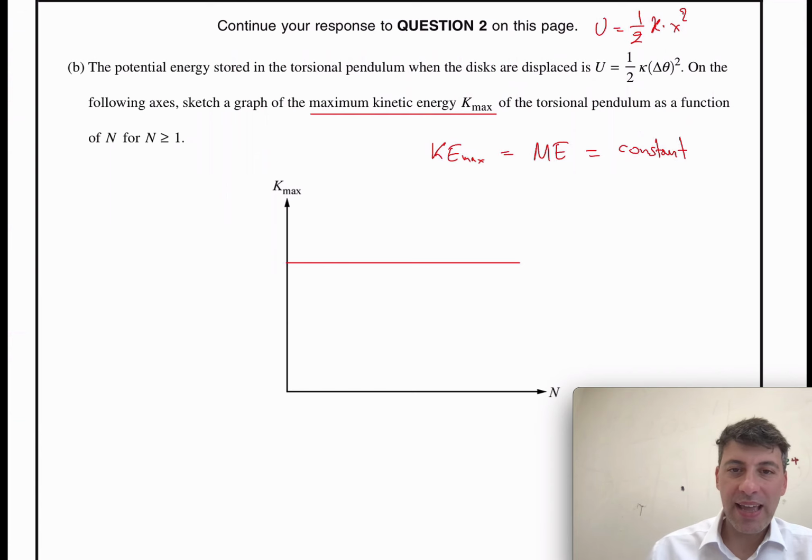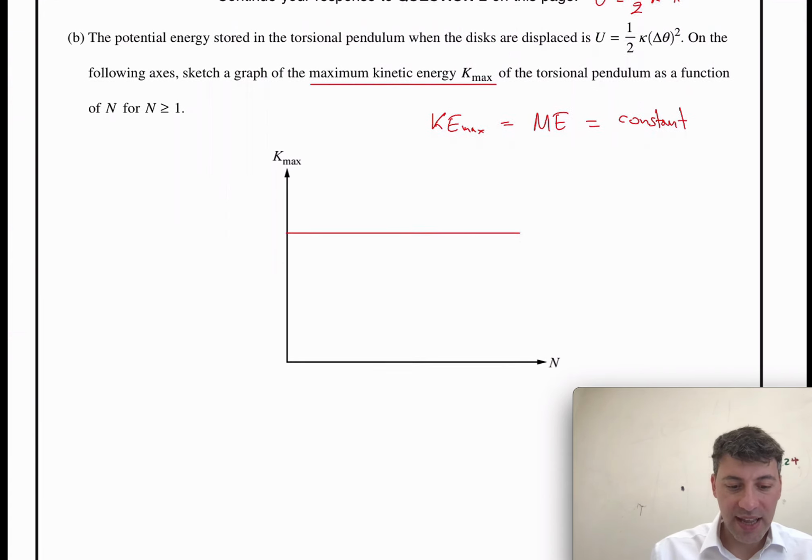So by adding more discs, the pendulum will be a little bit slower as it turns, so the kinetic energy of each disc will be less, but because we have more discs, the total value of the kinetic energy will be the same. And again, this is explained by the maximum kinetic energy being equal to the mechanical energy, and this is constant. So we don't need to say anything else here.